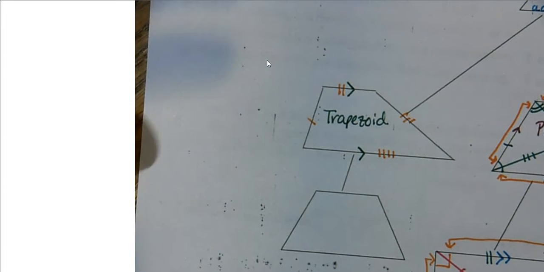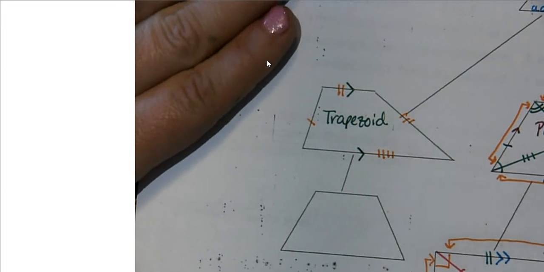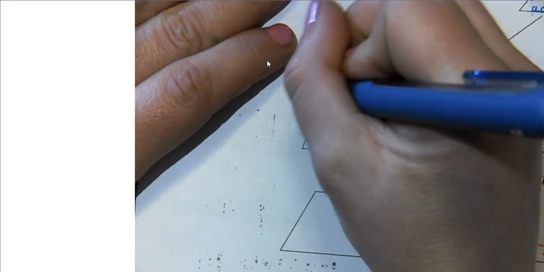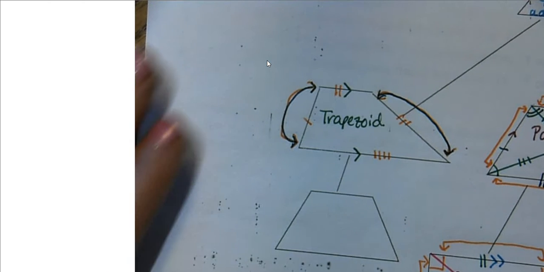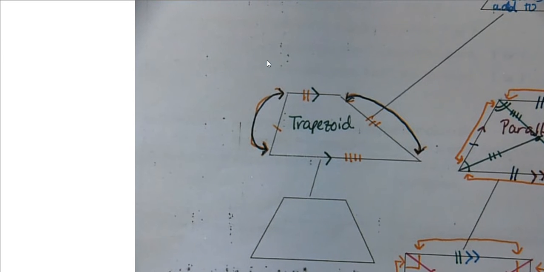But because we have parallel sides, it has one pair of consecutive interior angles that are supplementary. And maybe I should have used orange for that. They are supplementary.